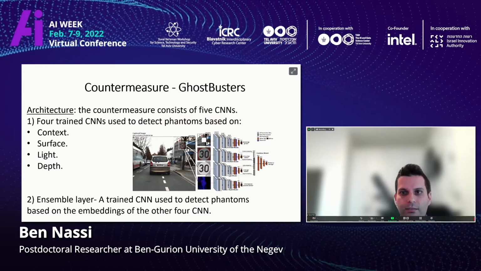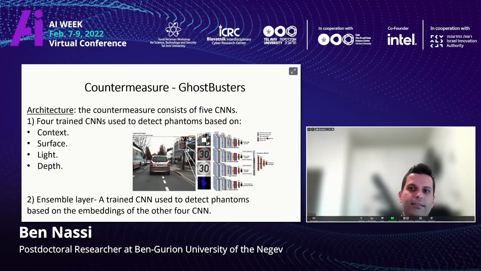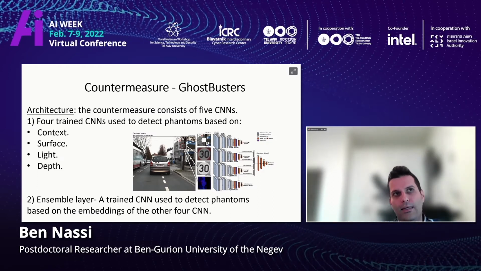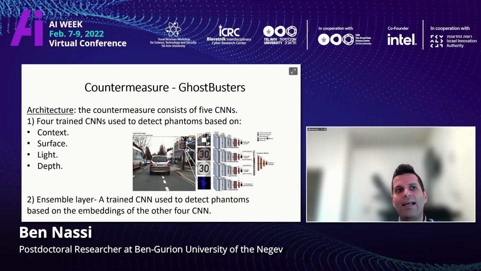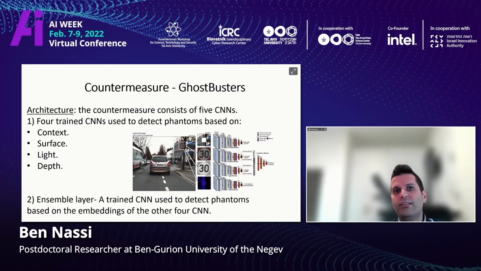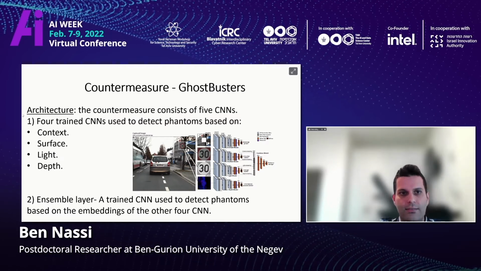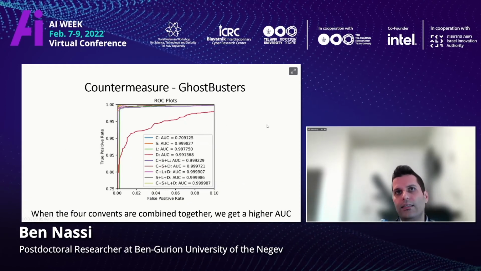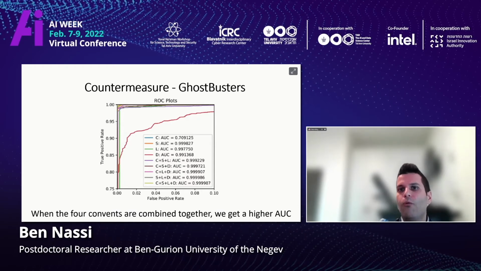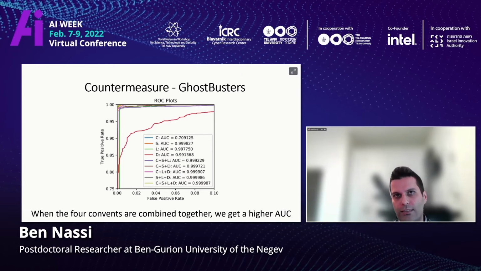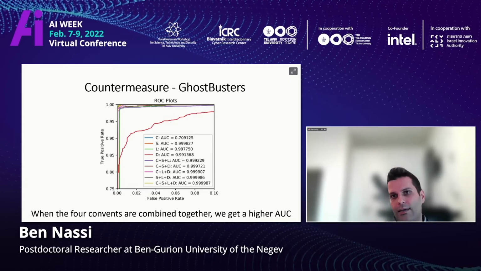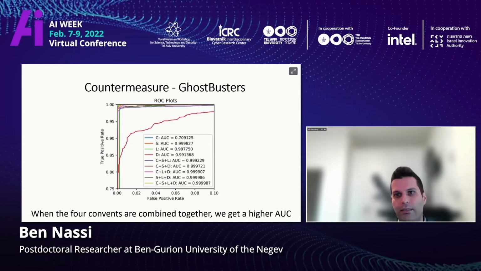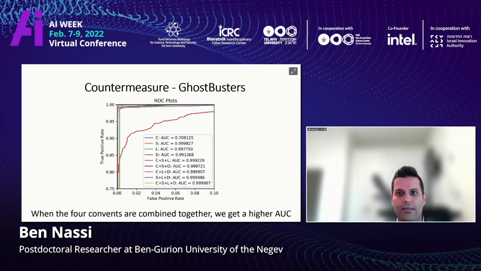The 5th convnet was used on top of the 4 convnets as an ensemble layer in order to detect phantoms based on the embeddings of the other 4 convnets. As you can see, the area under curve of the combined model, which used the embeddings of the 4 models together, is better than any subset of the convnets, and also better than each of them as a single model alone.